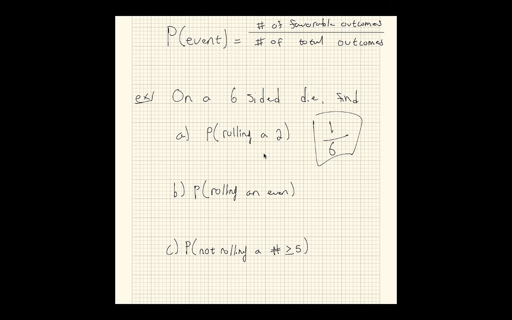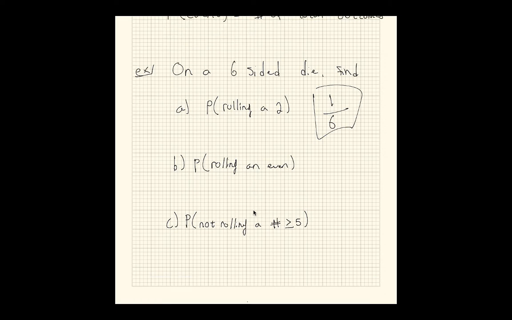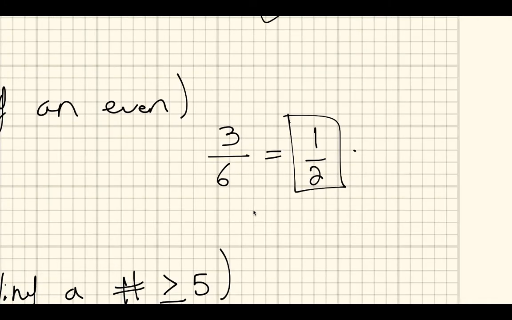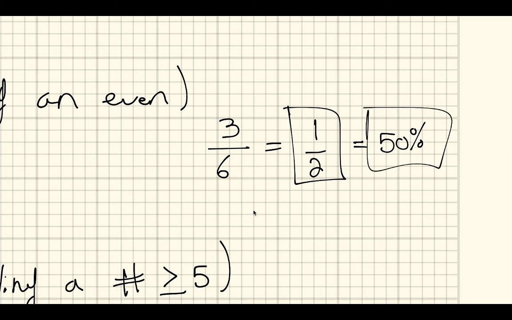For B here, probability of rolling an even is there's 3 even numbers. There's 2, 4, and 6. So that would be 3 out of 6, or we can reduce that to 1/2. So the probability of rolling an even is 1/2. If you want, you can do these as percents as well. 50% is good, but fractions are fine too.